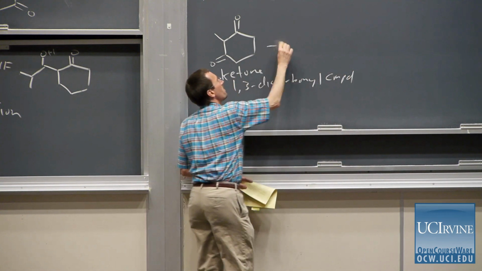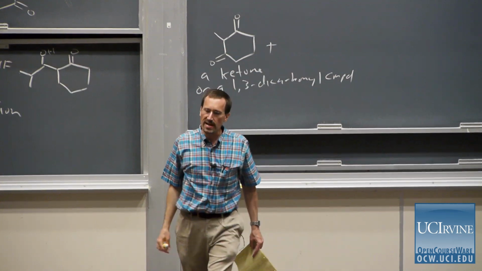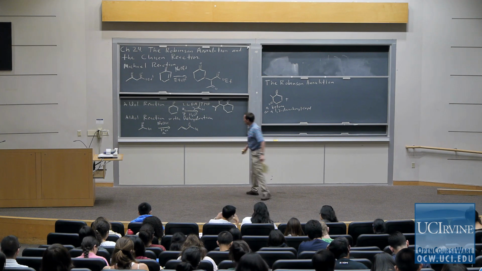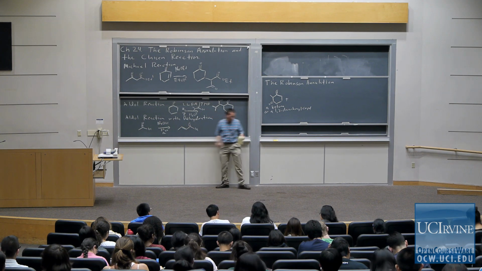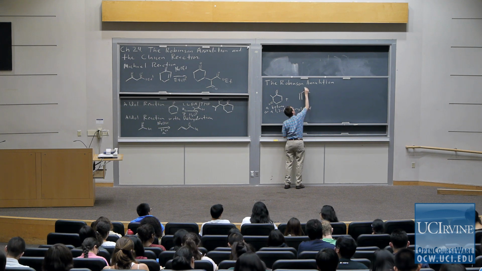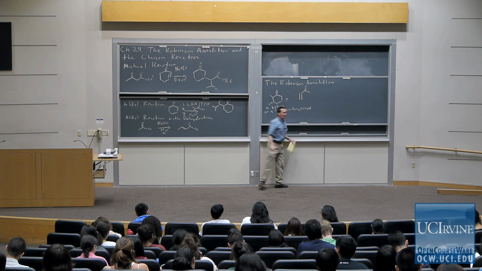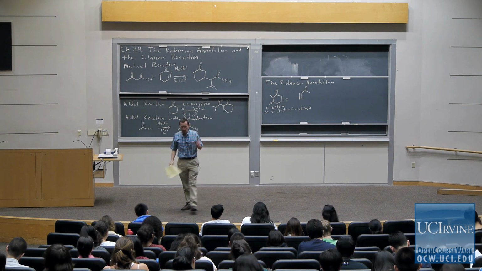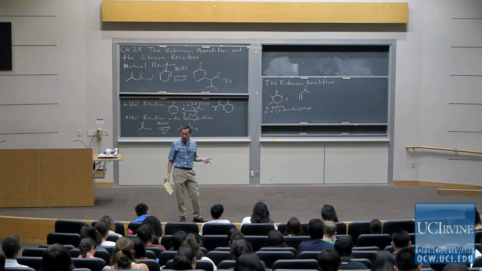And we're going to mix it with an alpha-beta unsaturated carbonyl compound. In other words, something very much like this over here. I'll start out, and this is kind of the archetypal example, with this ketone. I suppose its IUPAC name is 3-buten-2-one.